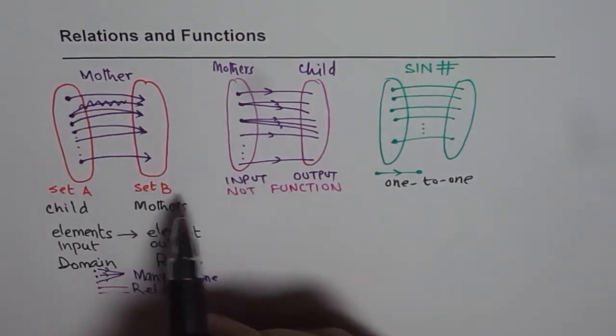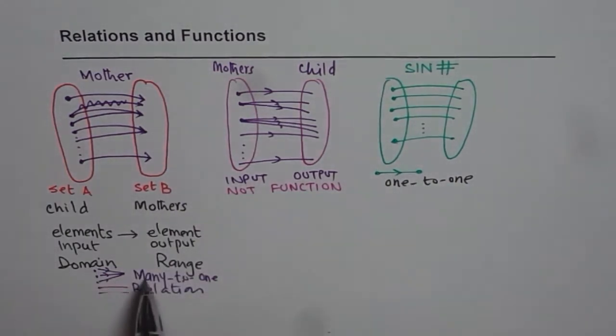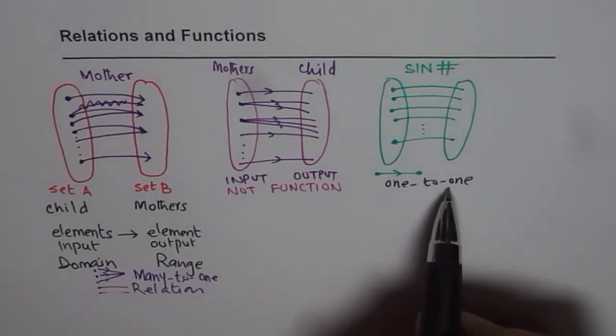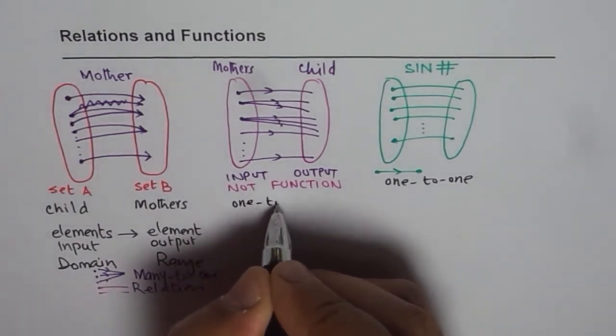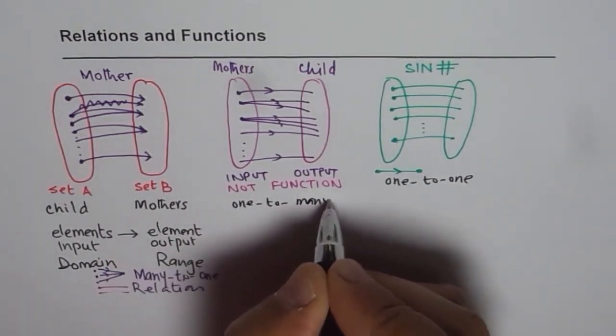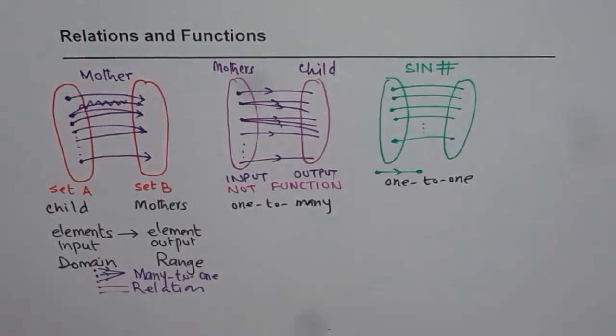And what we see from all the three examples is that a many-to-one relation is a function, a one-to-one relation is a function, but one-to-many is not a function.